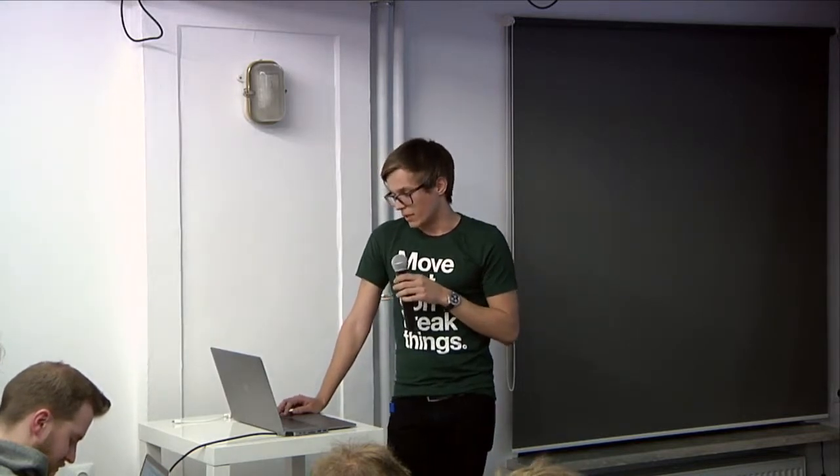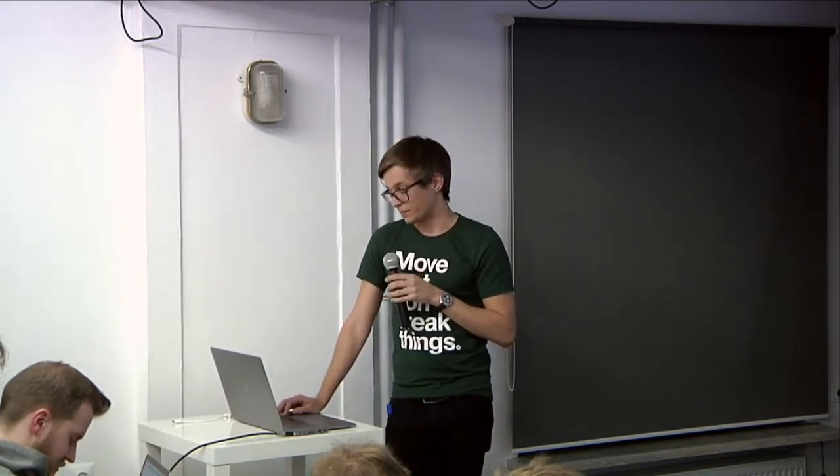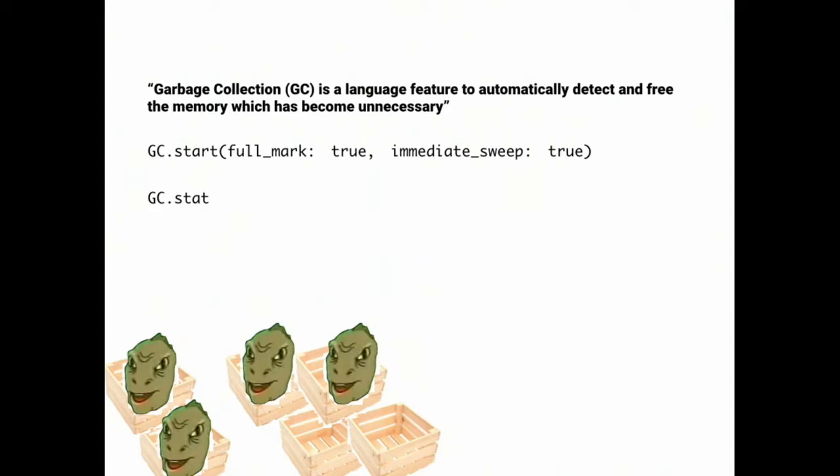So when we allocate objects, they are allocated in memory slots that are organized into heaps. Each heap is about 16 kilobytes, depending on the platform.